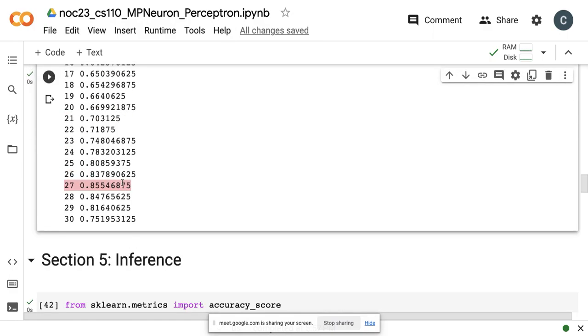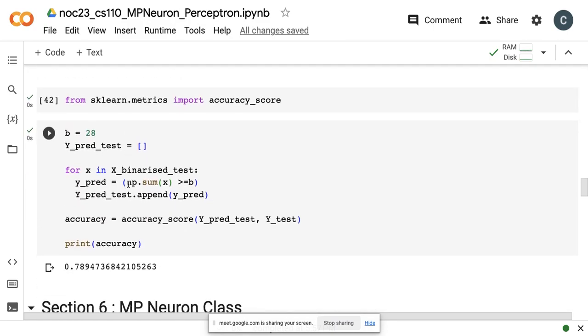The value you are getting here is on training data, that is, a training accuracy. There's a difference between training and testing accuracy. Training accuracy is computed on training data, and when we say in general terms that our model is this much accurate, we actually talk in terms of testing accuracy.